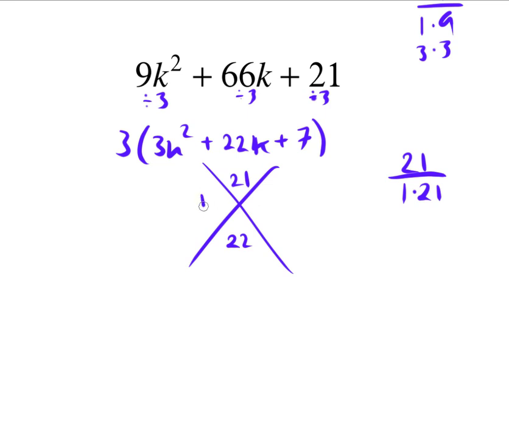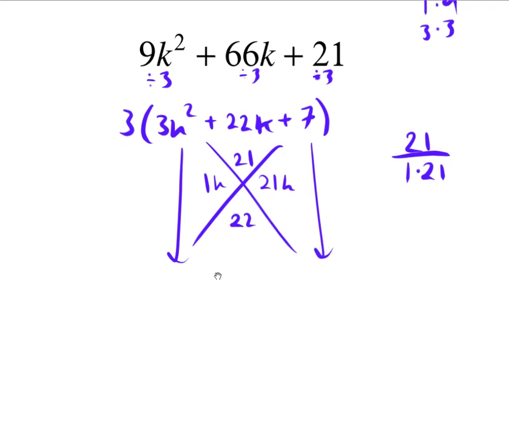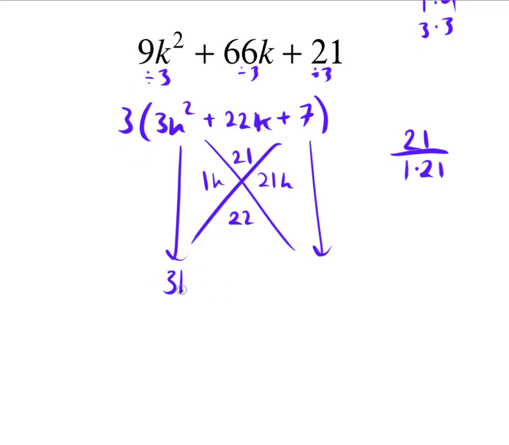So I'm going to put 1k here, and on this side I'm going to put 21k. Once again, I'm going to bring down my 3k squared plus 1k plus 21k plus 7. It's hard for me to draw a k so small.